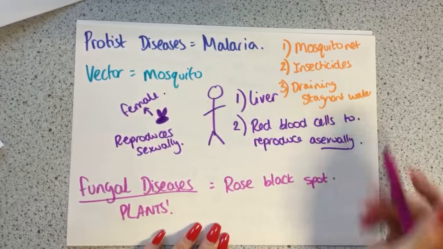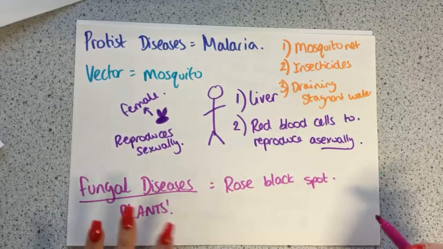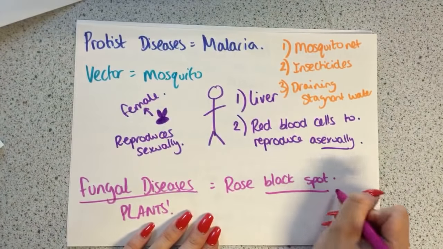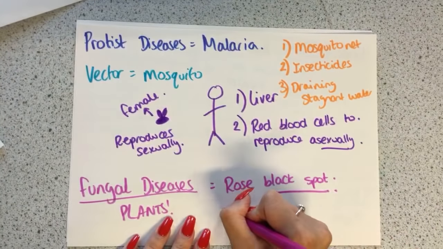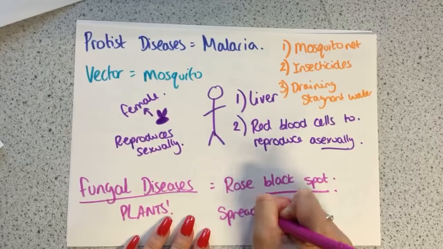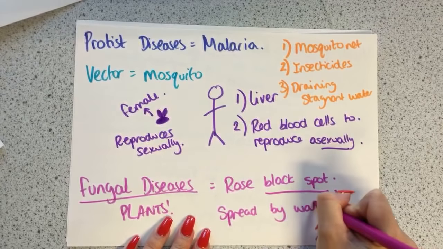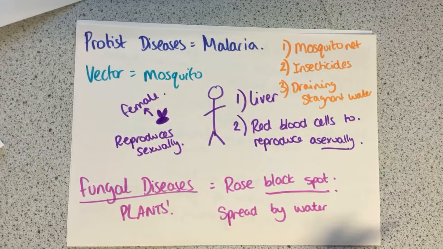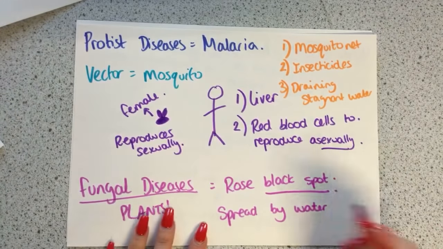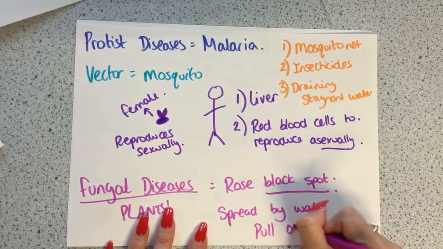So as the name suggests, if your plant has rose black spot, it will get black spots on it. And this one is spread through water. Okay, and basically the treatment for this one is if your rose bush has rose black spot and you see a leaf that's contaminated, you just need to pull off infected leaves.